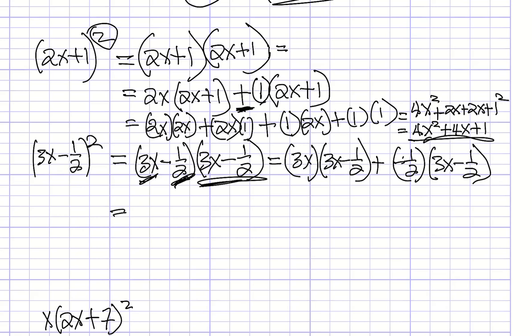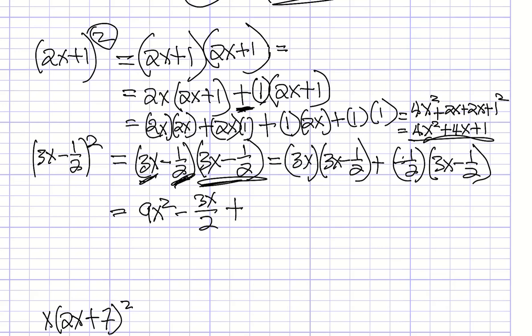What do you get? Let me see. Okay, hang on. 3 times 3 is 9, right? You get 9x squared. 3x times that negative there, you get negative 3x over 2. You see that, right? And then you do the other side.